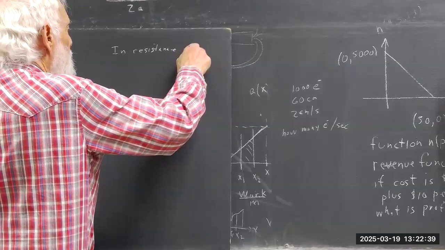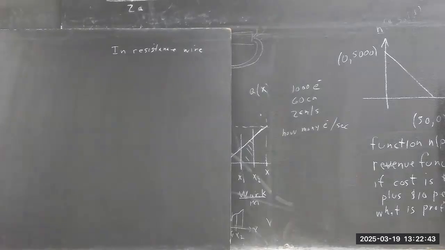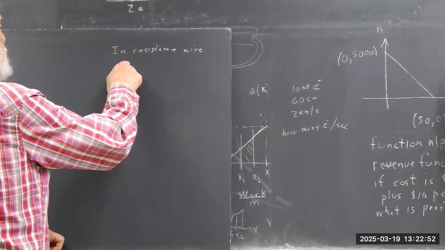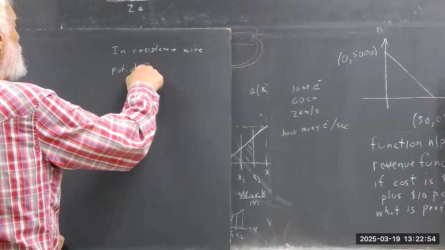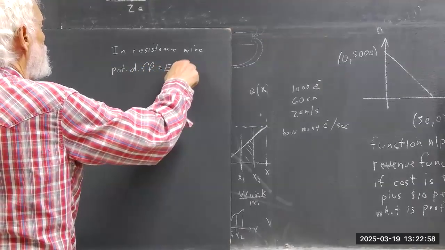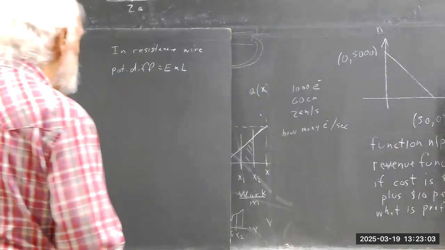The resistance wire, we're talking about a wire where we can actually measure the resistance, and we've done that in lab. How do we measure the resistance? Potential difference is E times L.